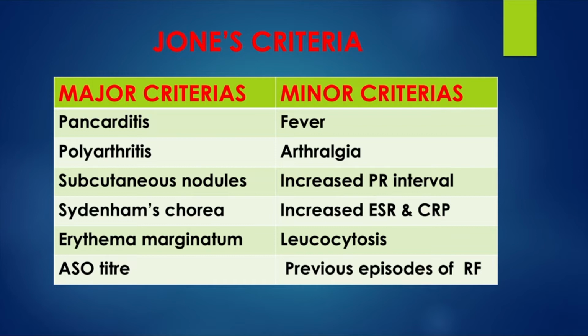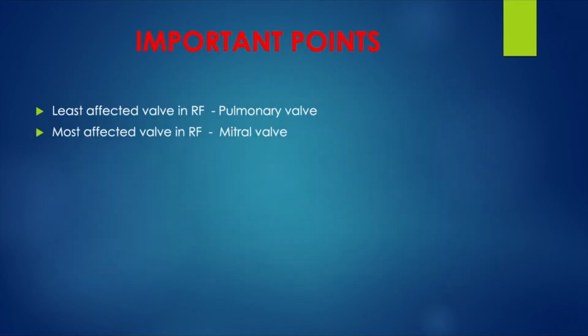Minor criteria: fever, arthralgia, increased PR interval, increased ESR and increased CRP, leukocytosis, previous episodes of rheumatic fever. Important points. Least affected valve in rheumatic fever is pulmonary valve. Most affected valve in rheumatic fever is mitral valve.